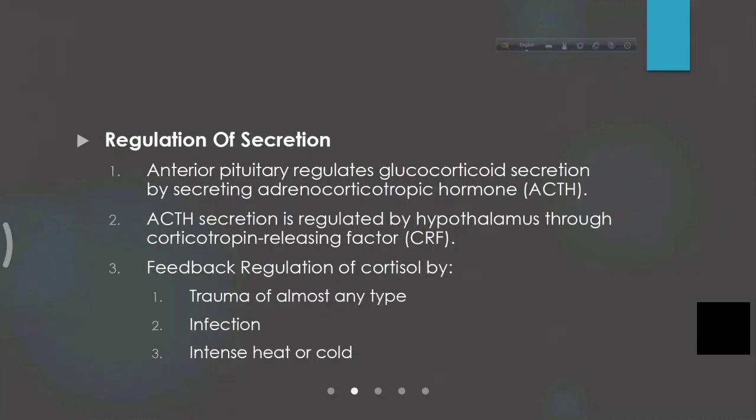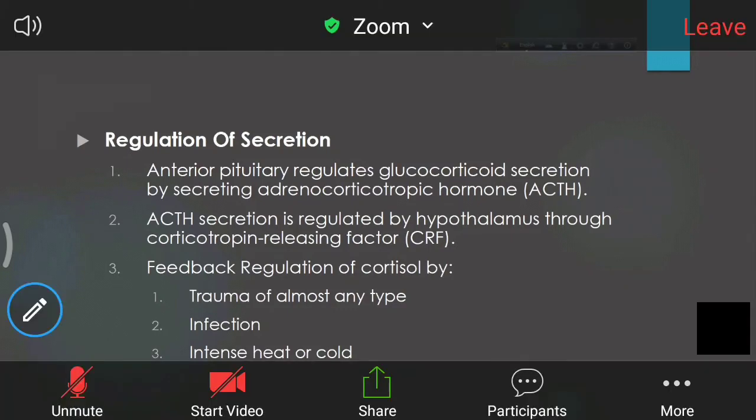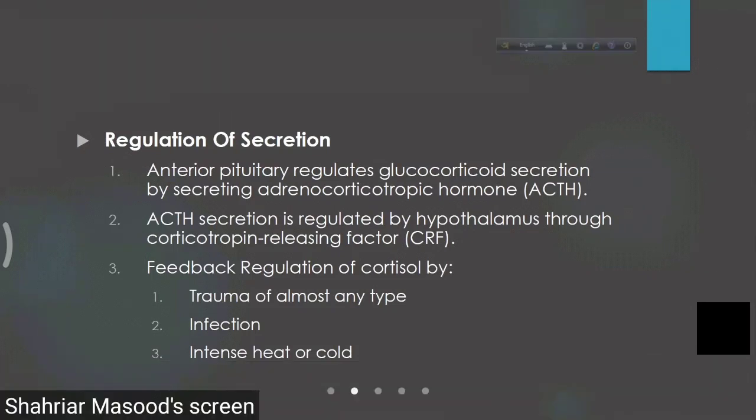Regulation of cortisol secretion. Anterior pituitary in the form of ACTH helps regulate cortisol secretion. Whenever there is stress, it stimulates the pituitary to secrete ACTH. ACTH in turn activates the zona fasciculata to synthesize and secrete cortisol.